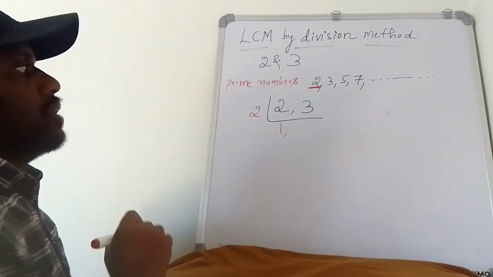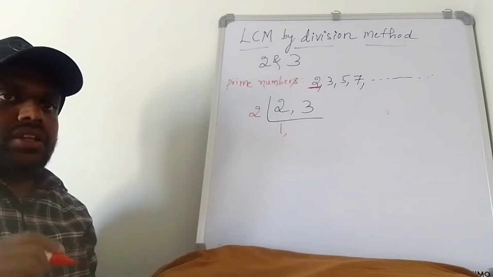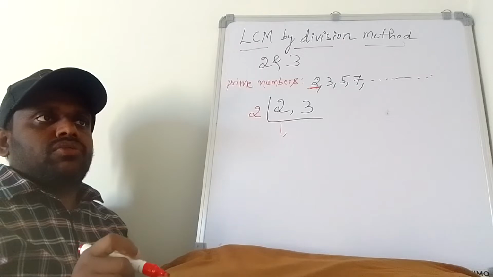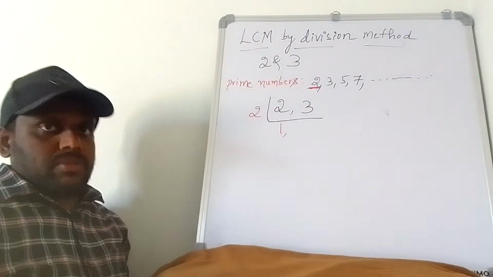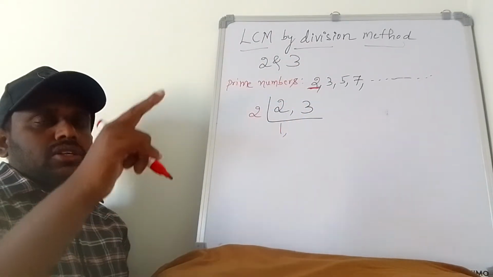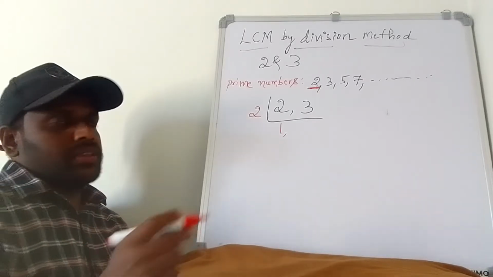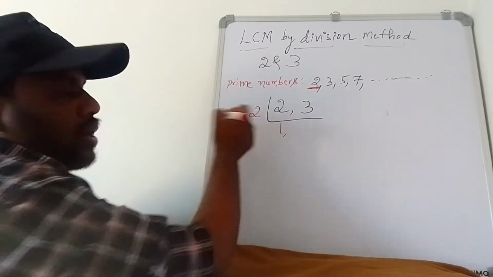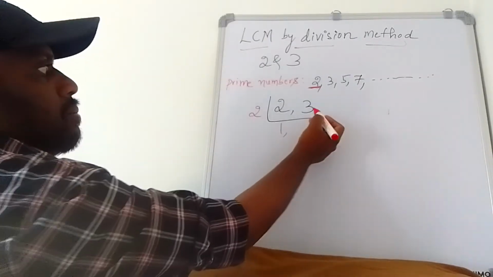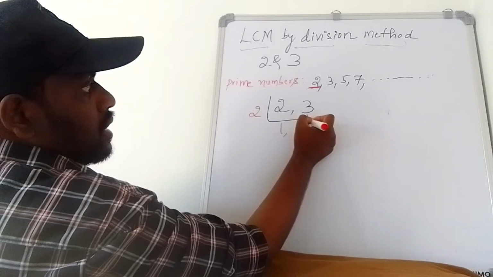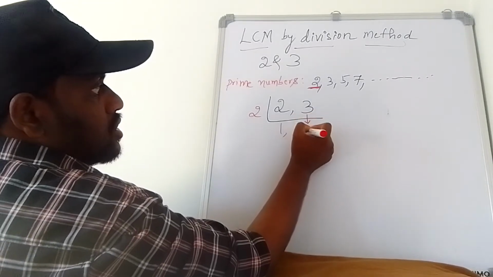Dividing completely means when we divide a number by some number, it should get divided completely, with no remainder. Here 2 can be divided by this 2 completely, but 3 cannot be divided completely by 2. So you have to take this 3 as it is.